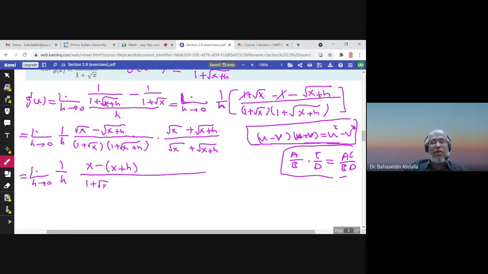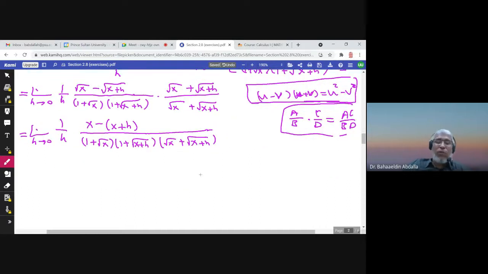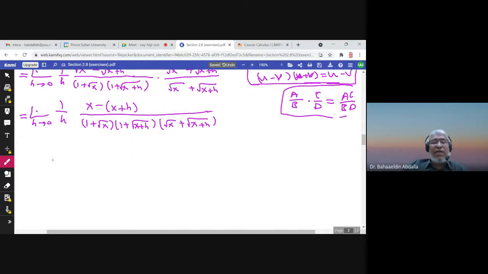And I have here 1 plus square root of x, 1 plus square root of x plus h, times square root of x plus the square root of x plus h. Now notice that when I multiply by negative, x would be cancelled with x, and I'll have a negative h in the numerator, because this is x minus x plus h over the denominator.